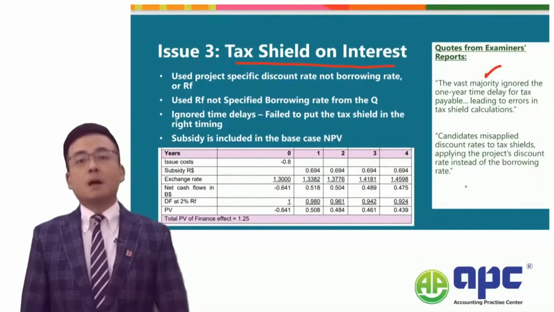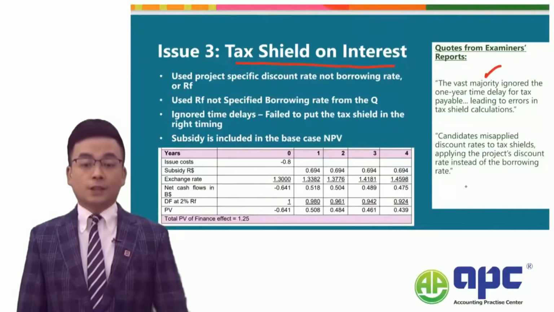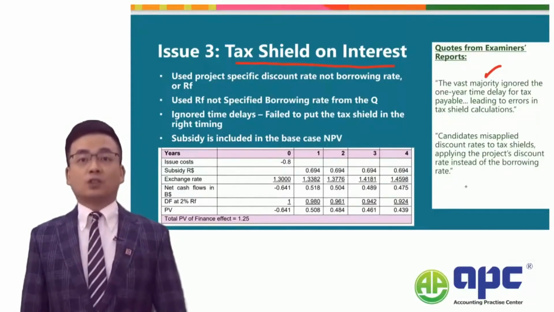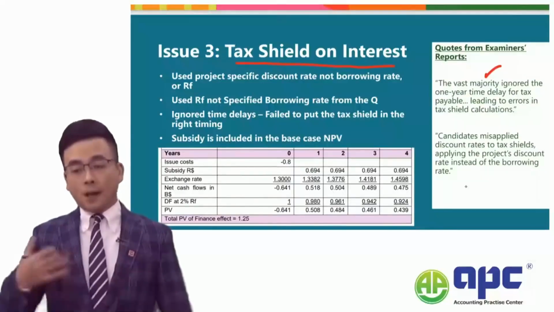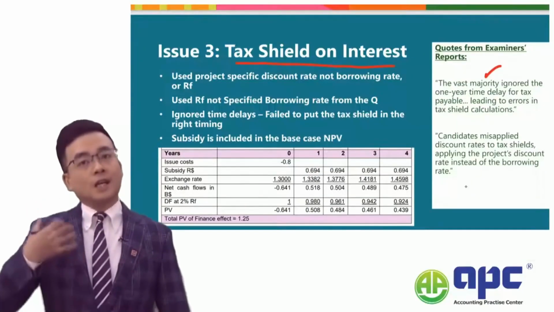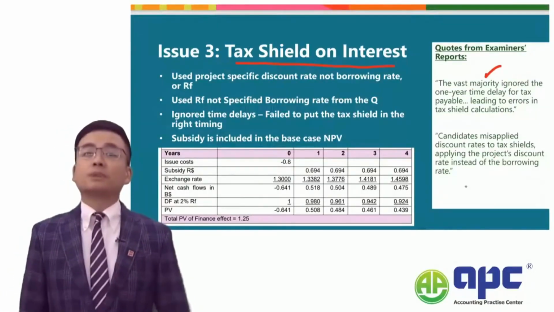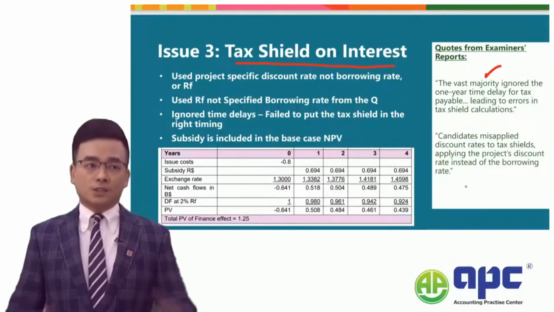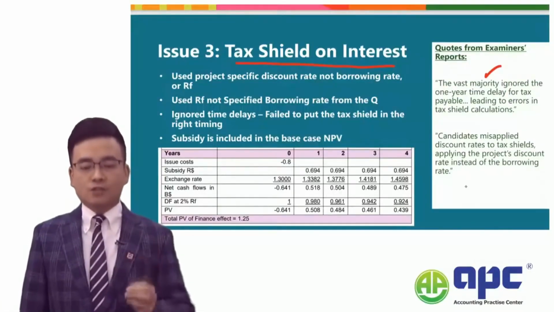But some of them may not have spotted this. They simply treated the tax saving on interest, because you take out a loan and you pay interest, and the profit will reduce, and then you can save tax, as 1 year tax saving on interest, and that's incorrect.